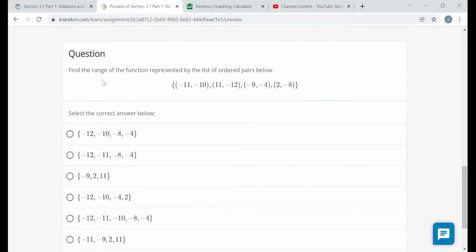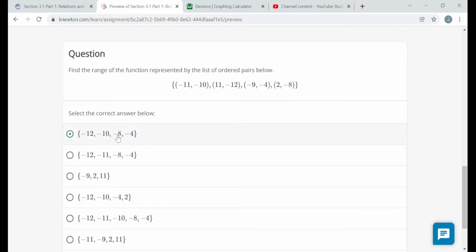Now they want the range. What's the range? Now remember, the range is all the outputs. And there's no need to repeat them. You know, if you see the same value more than once, don't write it more than once in the range or the domain. All right. So the range has negative 10, negative 12, negative 4, and negative 8.